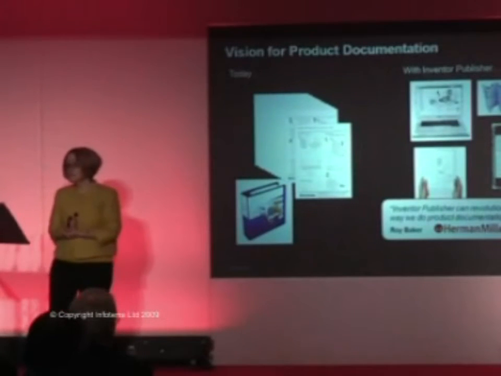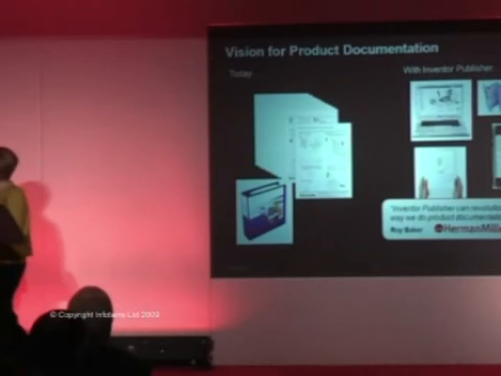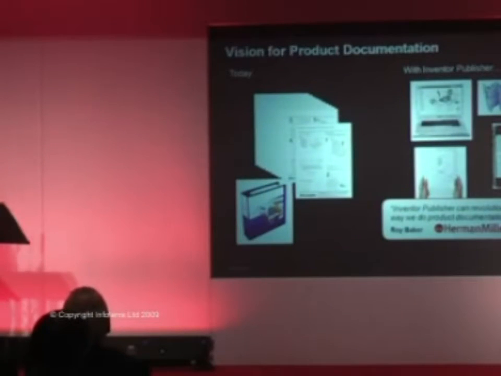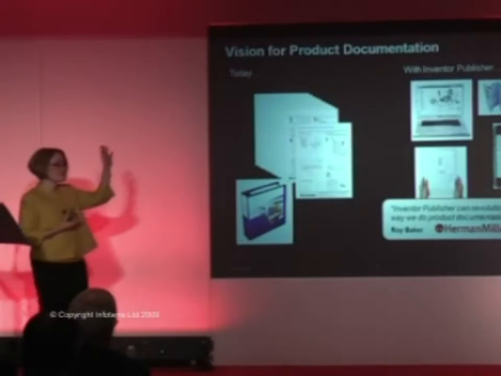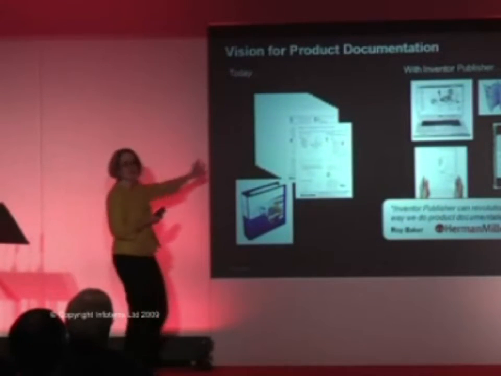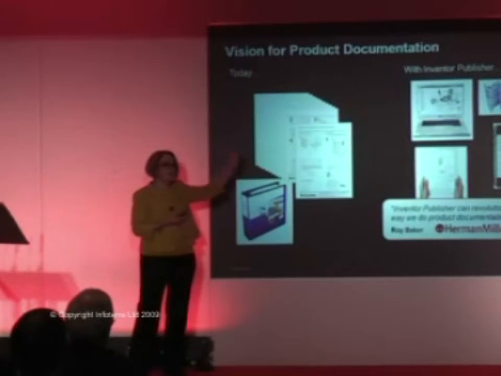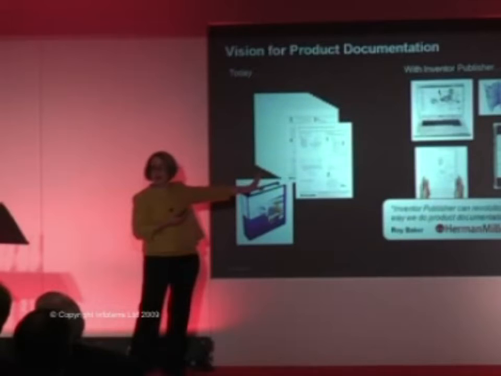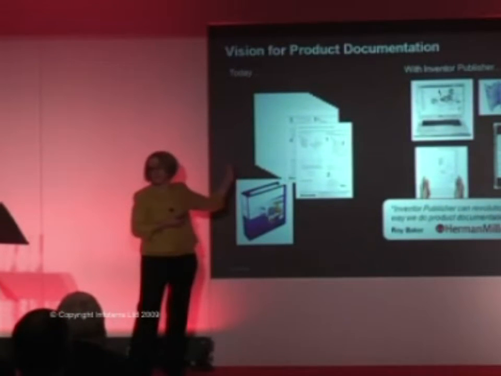So another new area that we've been working on has to do with product documentation. As we visit customers, we're always looking for what's a problem we can solve that hasn't been solved effectively yet. And we see this as definitely one of them. Whether it's an instruction manual to put together a chair or some toy you get your kid for Christmas, none of those things are ever 100% accurate because they're all created in some manual way, completely disconnected from the actual 3D data.